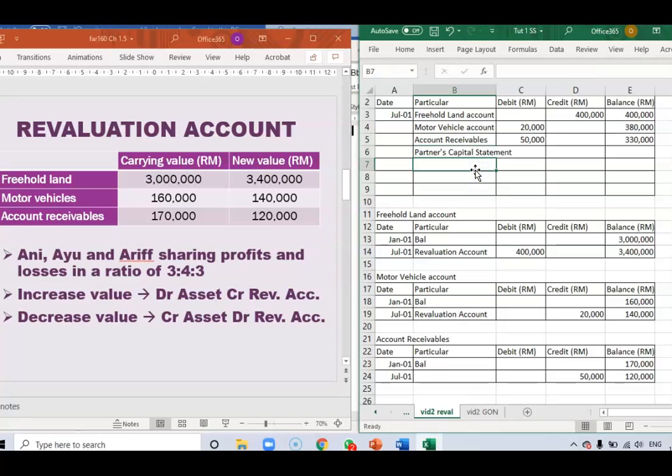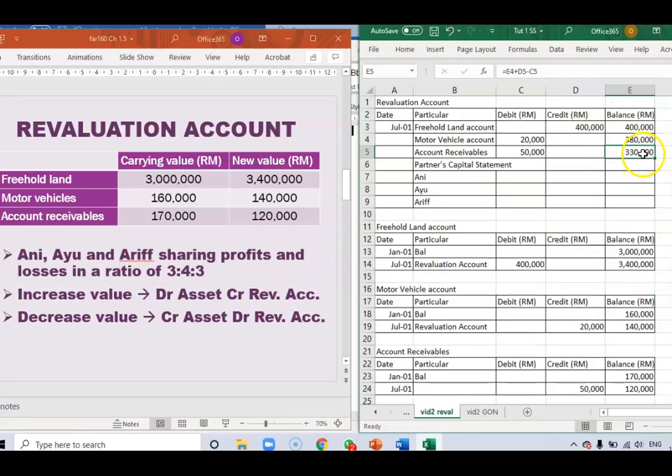The partners are Ani, Ayu, and Arif. Since this balance in the revaluation account is on the credit side, your distribution of the surplus should be on the debit side.